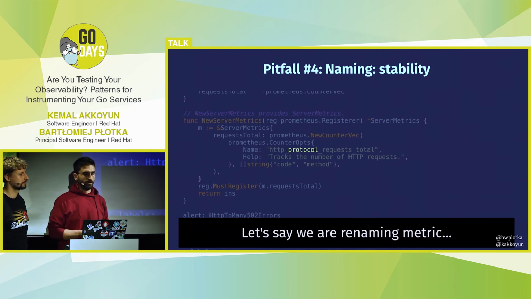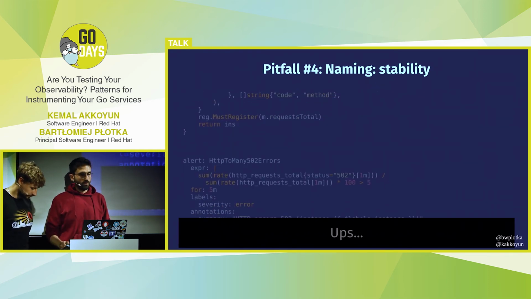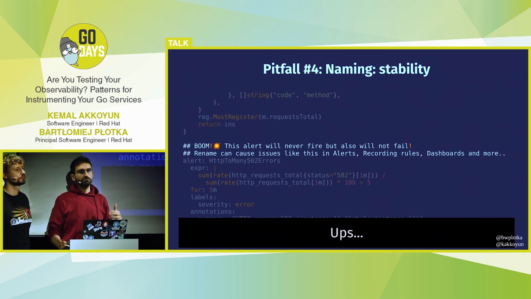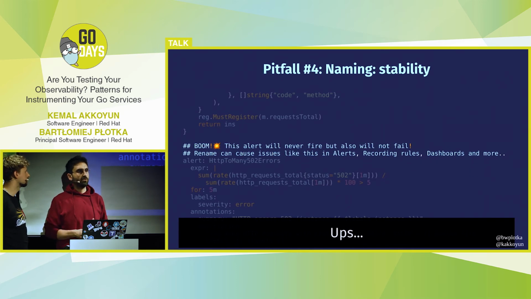So we put protocol in it. And now we have broken our alerts. So please try to avoid doing this, because this is one of the most common mistakes. If you stick to the conventions as well, you wouldn't break your graphs, your alerts, especially alerts, because alerts are kind of proactive, and you kind of depend on the alerts when you run your application on production.